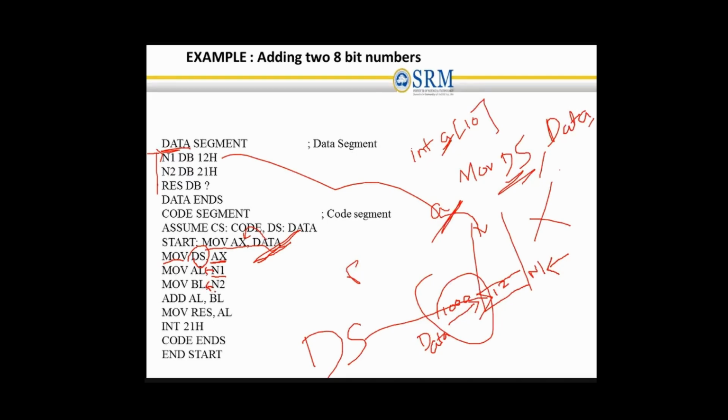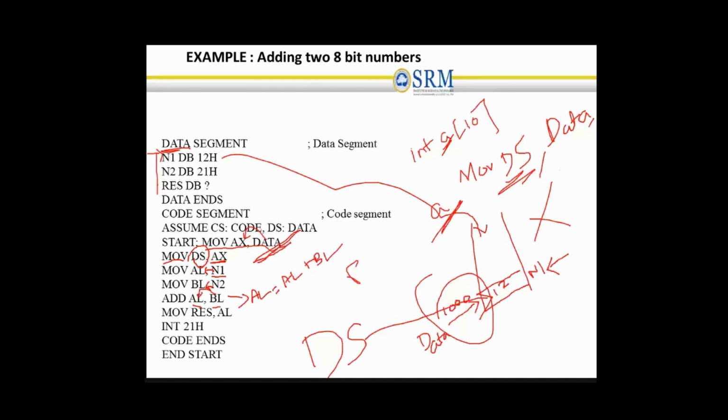Then here I am adding AL and BL. Add AL comma BL is equivalent to AL equals AL plus BL. So it will add AL and BL and the result will be stored back to AL.